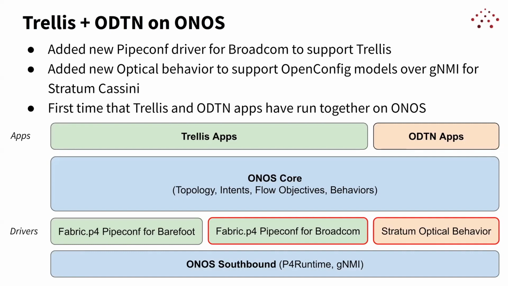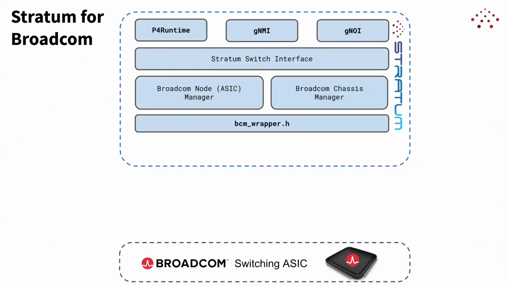Next, let's talk about how Stratum supports Broadcom ASICs. First, we have a lot of common code. For example, the P4 runtime server, gNMI server, and gNOI server all sit on top of Stratum's common switch interface. Beneath the switch interface is where we do our adaptation to the vendor-specific ASICs and platforms.